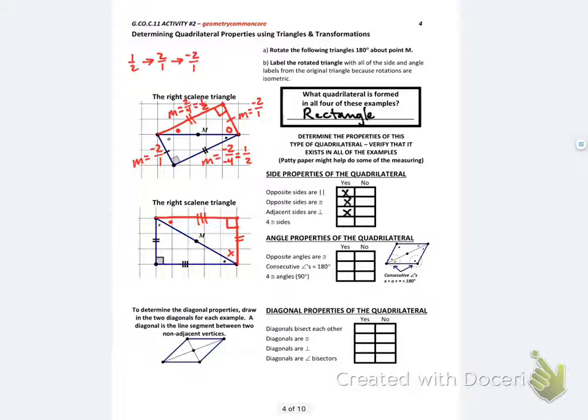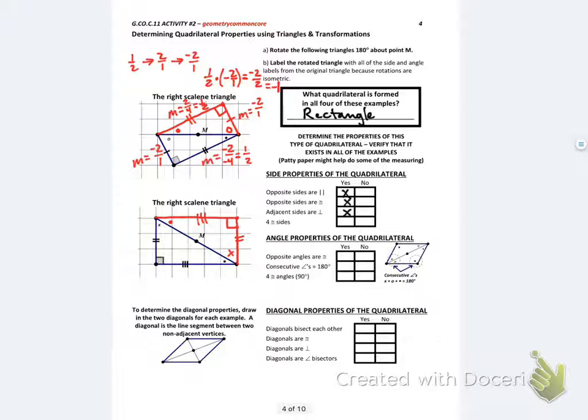I've got 1/2 times negative 2 over 1. When I multiply that out, I get negative 2 over 2, and that simplifies down to negative 1.